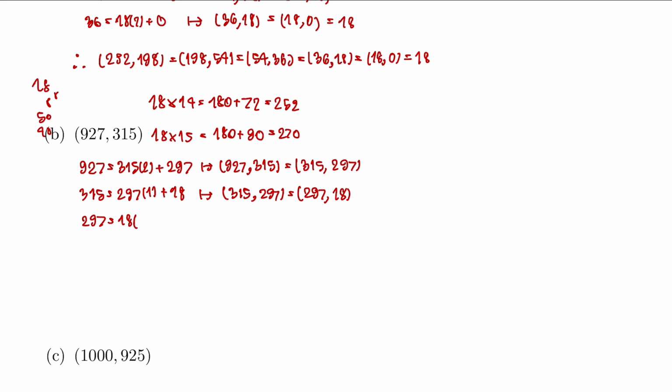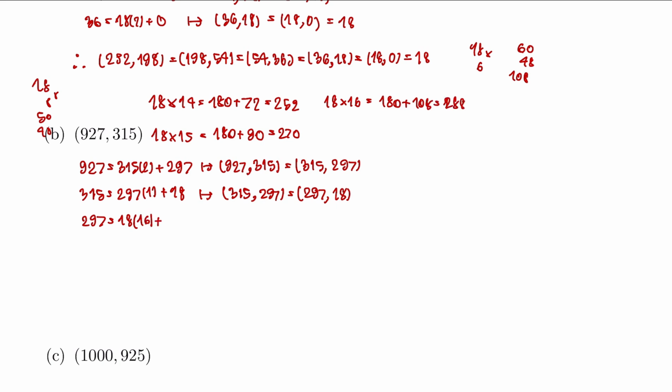Which number do you have to multiply? 18 times 16: 180 plus 18 times 6, which is 60 plus 48, 108. So we have 108, which makes 288.